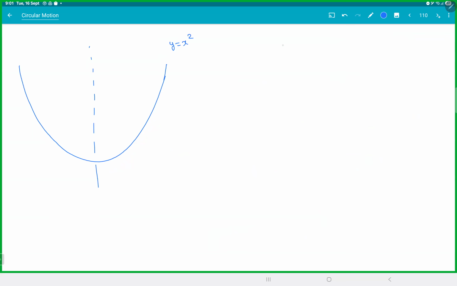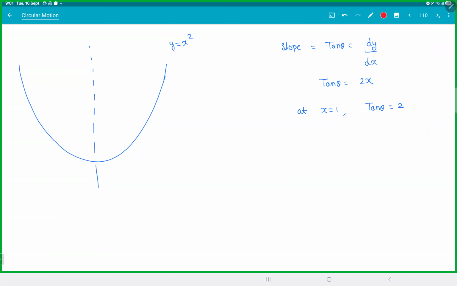So y is equal to x square, the slope, which is tan theta, which is nothing but dy by dx. So tan theta will be equal to 2x. At x is equal to 1, tan theta is equal to 2.